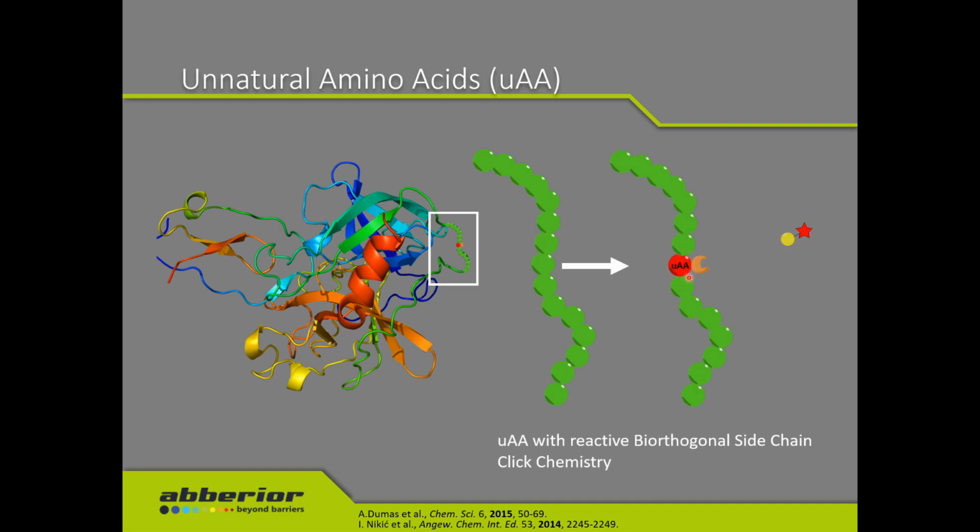This unnatural amino acid has a bioorthogonal side chain, a reactive group suitable for click chemistry. Adding a fluorophore having a tetrazine, for example, can be used to create a covalent bond under click chemistry, and then you have labeled your protein of interest very specifically with a very, very small tag.